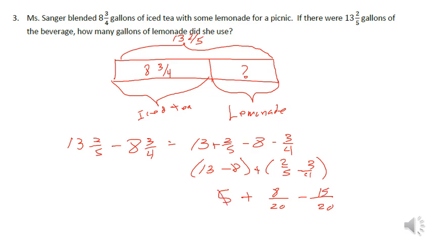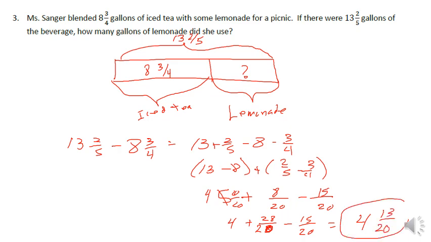We're going to have to regroup 4 20/20, which gives us 4 plus 28/20 minus 15/20, which will leave us 4 13/20. So that's how much lemonade they used.